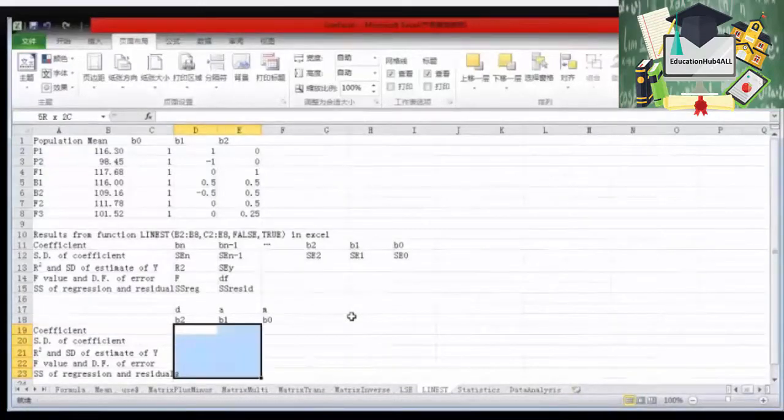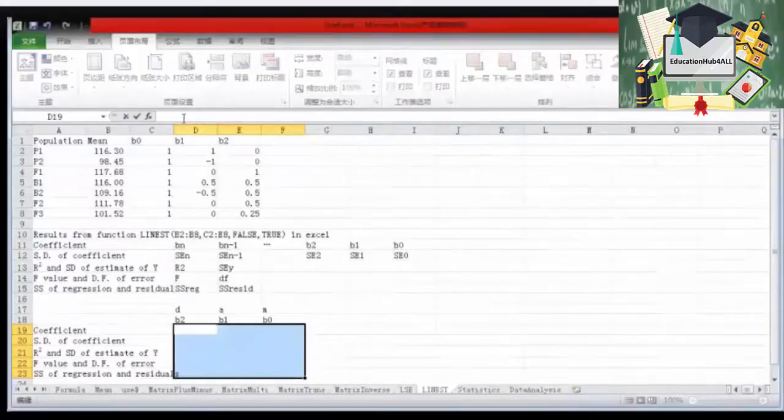You have to select the whole range. Of course, if you have many B, it should be coded like this. If you have B3, you should select 4, because the coefficients, including the constant, make 4. So the column number is fixed, and you always select 5 rows.